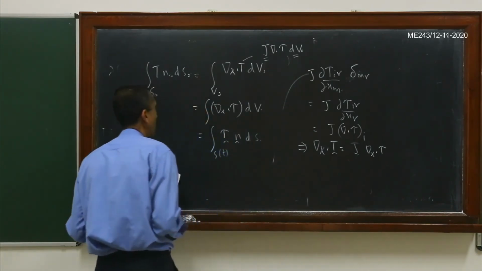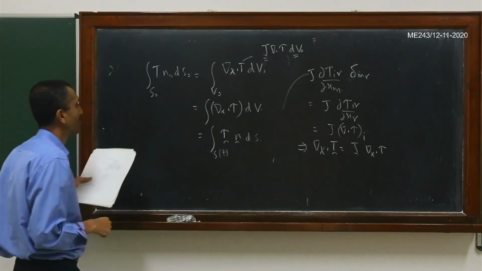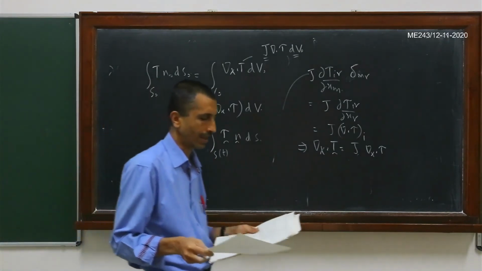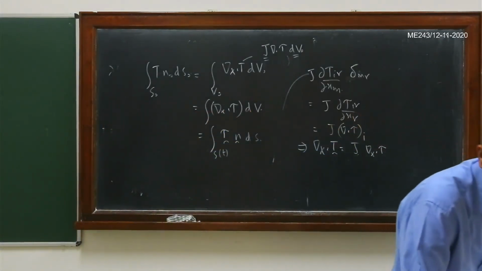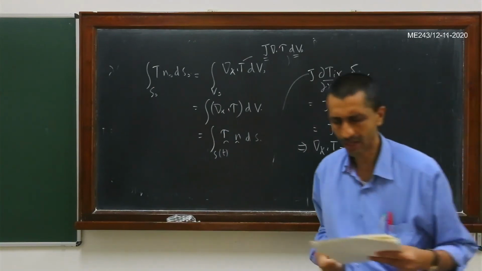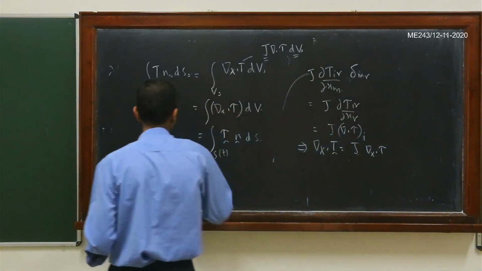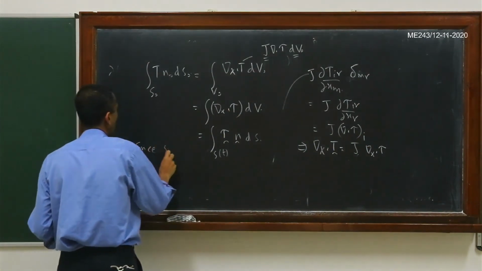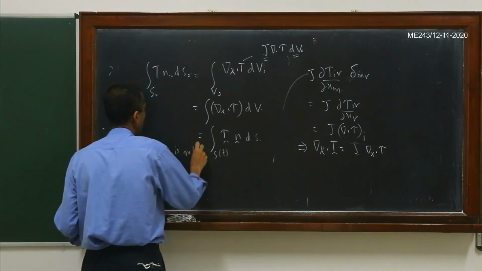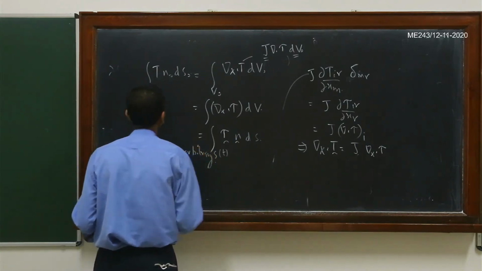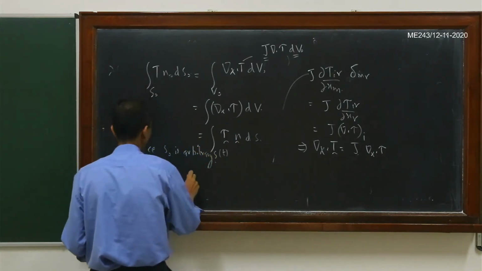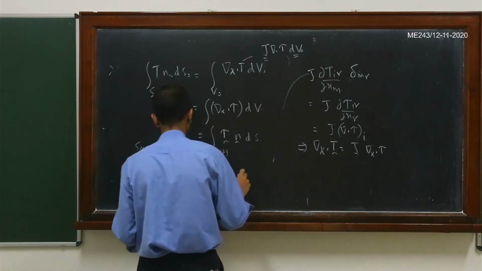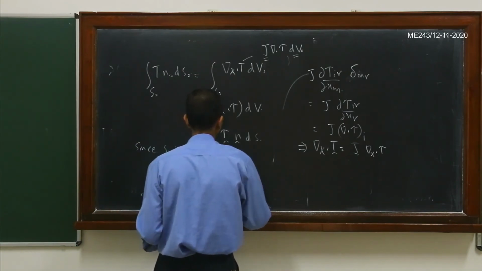Okay, and then now use the arbitrariness of S0 and S of t to get the following relation. Since S0 is arbitrary, what I will get is that T times n0 times dS0 is equal to tau times n times dS.